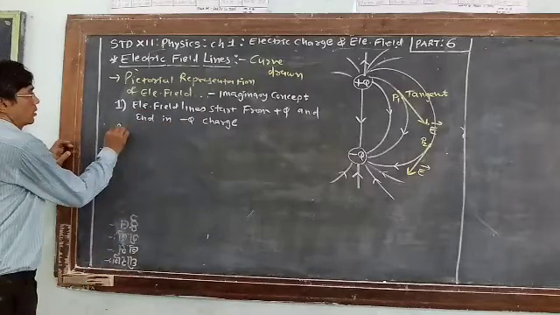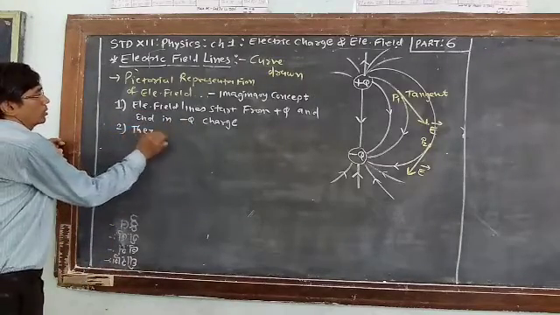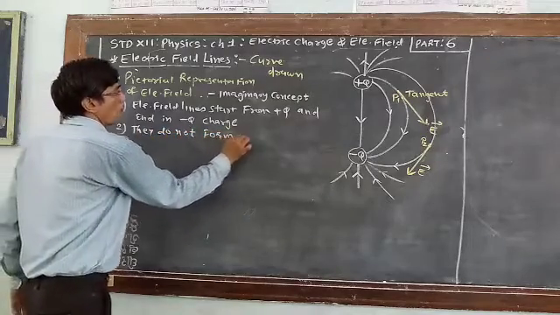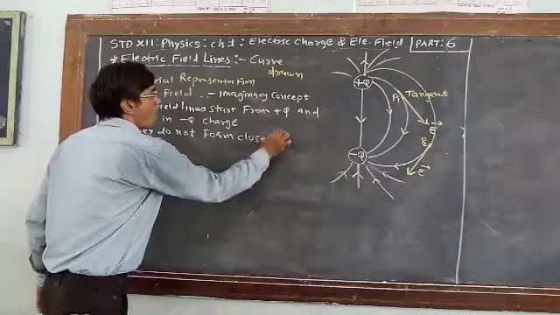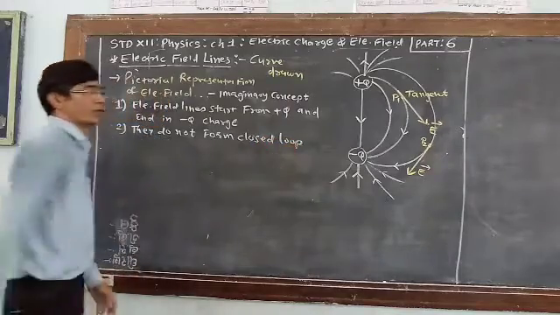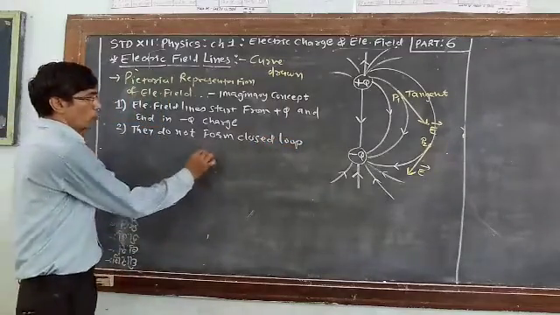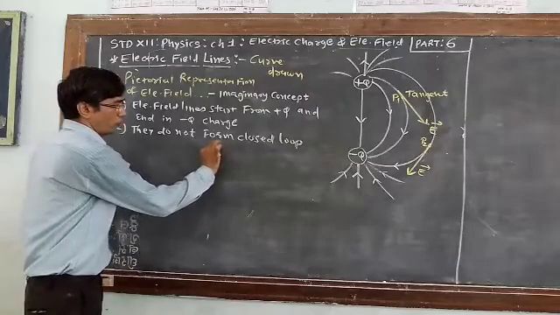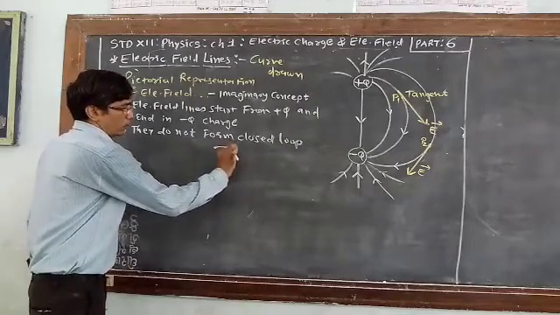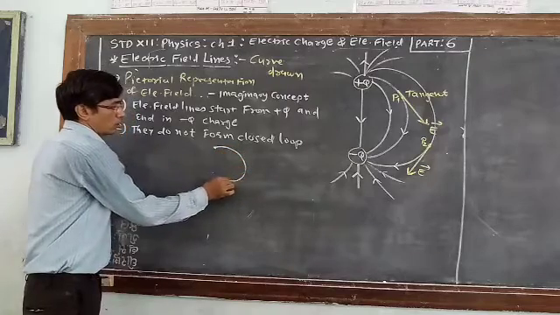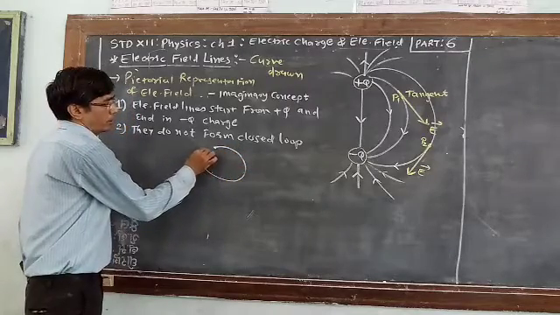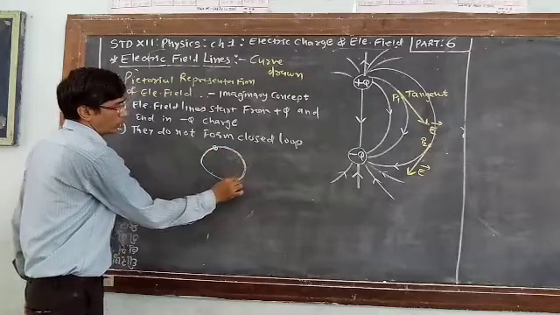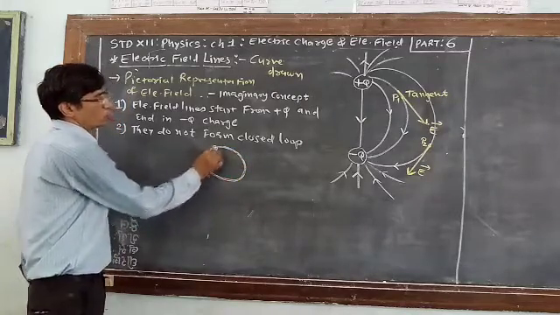Electric field lines do not form a closed loop. What is a closed loop? If you are taking one single point and you draw the curve or the line, and it again meets at the same point, so it forms a loop, and this is the closed loop.